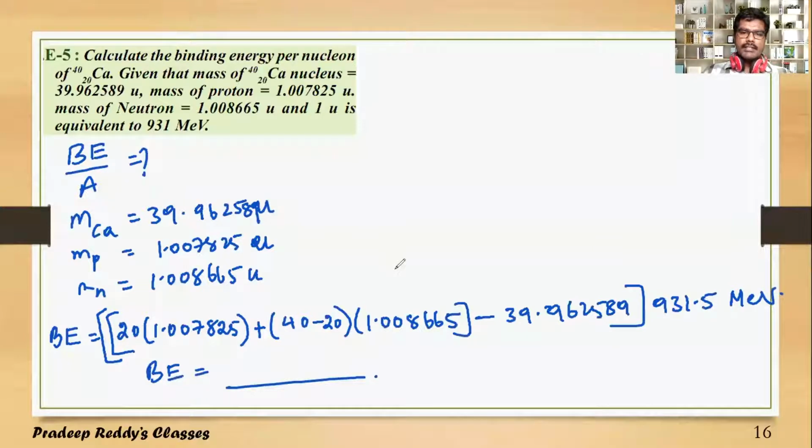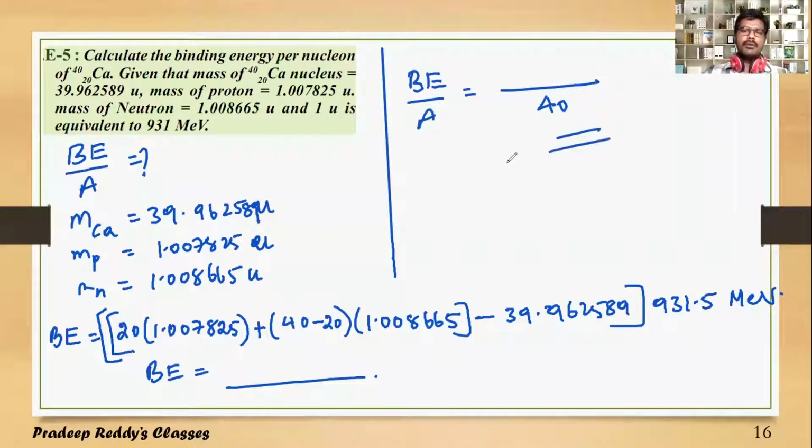Once you calculate this binding energy, you need to divide, because you are supposed to calculate binding energy per nucleon. So take this value and divide it by the mass number 40. That gives you the binding energy per nucleon of calcium. If you calculate this, you will get nearly 0.367211 into 931.5 million electron volt.